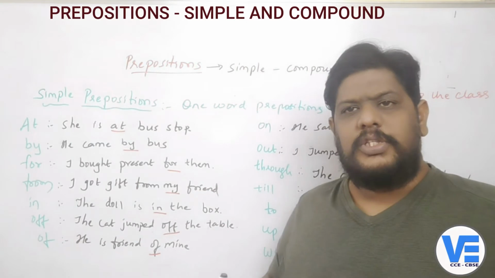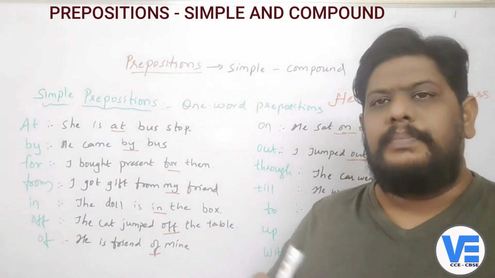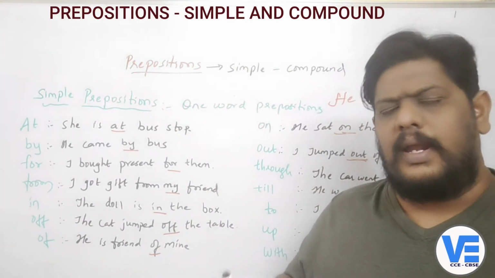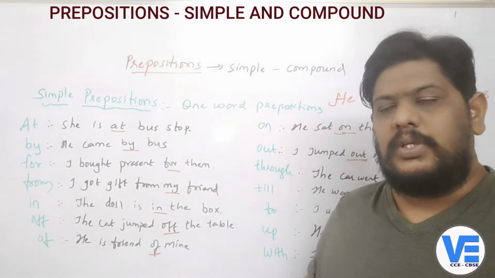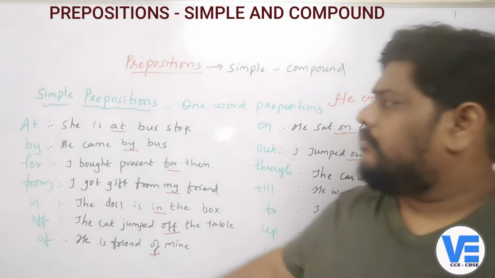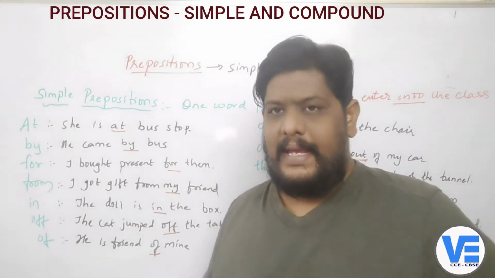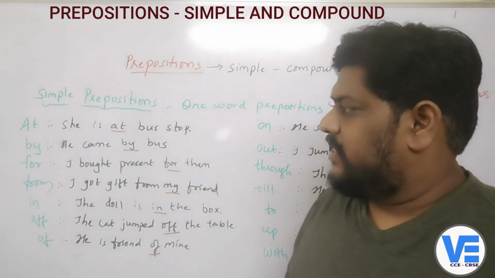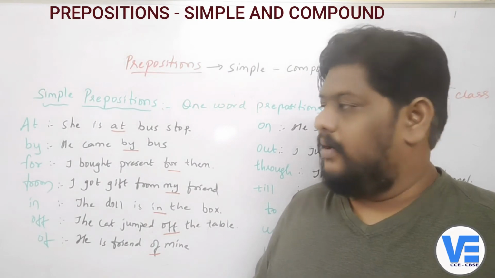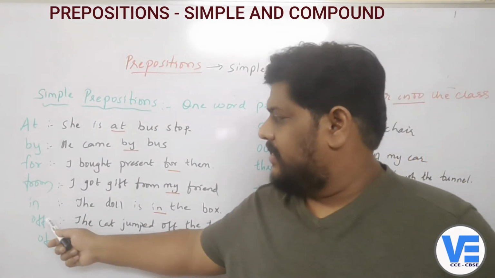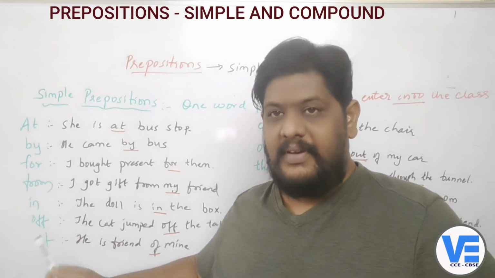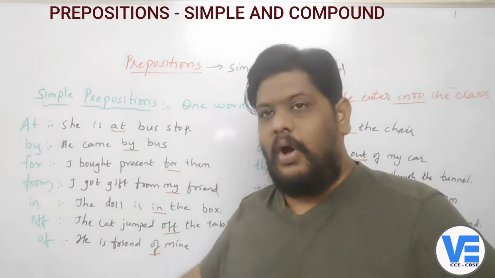These simple prepositions are the one word prepositions. They are very short, one word prepositions. So I have written some examples on the board, you can see here, right? Now if you see, the first one is at, second one is by, third one is for, fourth one is from, fifth one is in, next is of, OFF, off, next is OF, of, right?